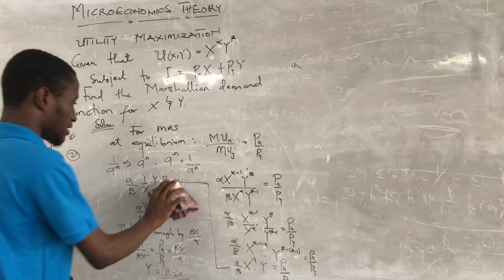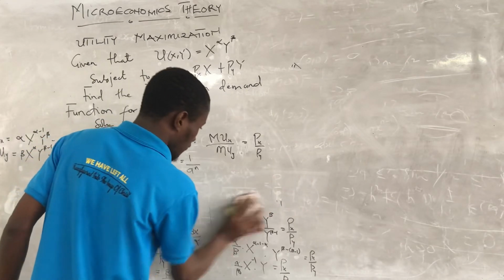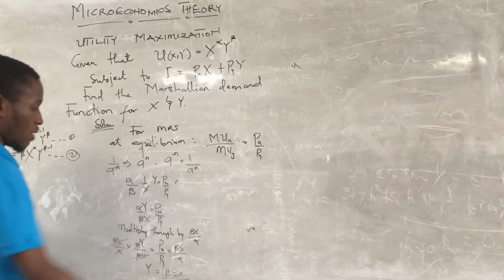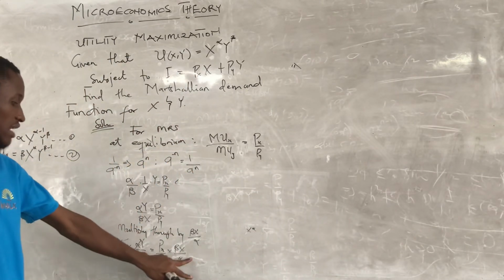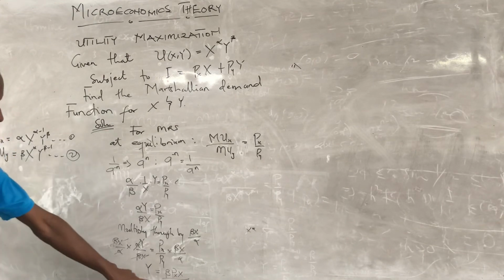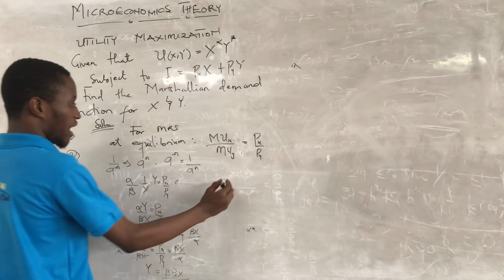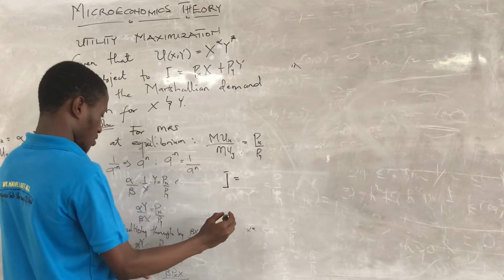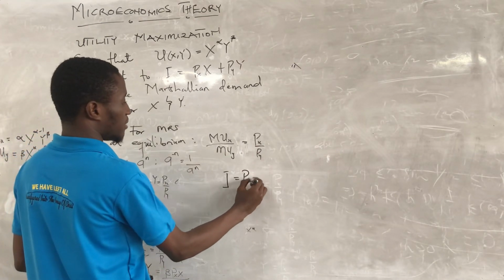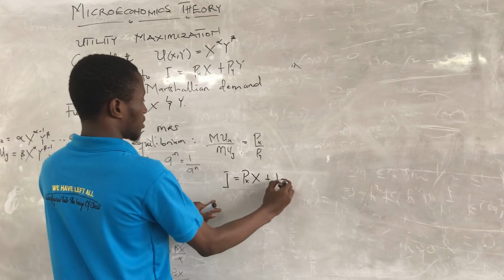So I'll clean this. Now that I have the function for y, which is beta Px x over alpha Py, I'll put this function into the income function. So now my income will be equal to Px times x plus Py times y.